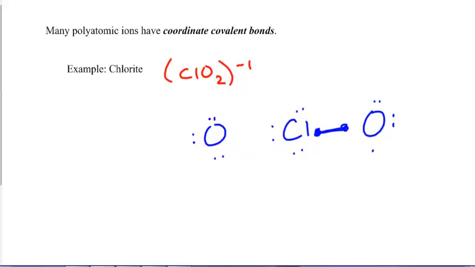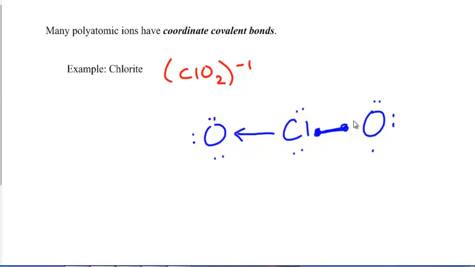The reason being because chlorine was full after 1, 2, 3, 4, 5, 6, 7, 8, and it couldn't bond to this oxygen unless it did it coordinate covalently. Oxygen has 6, and when you give it a coordinate covalent bond, here's 7, 8. Chlorine still has 8.